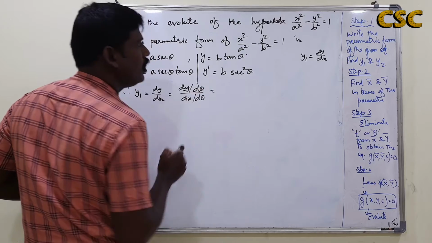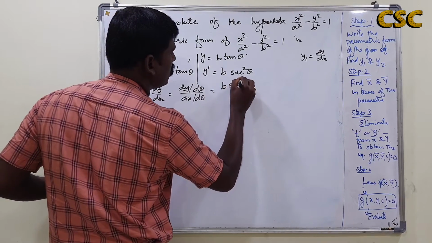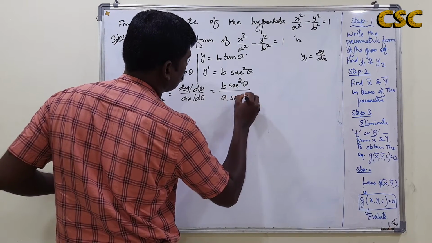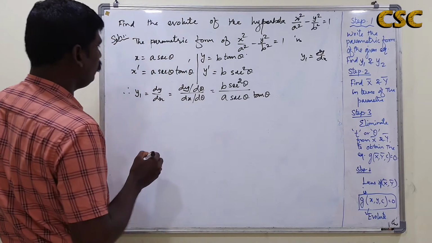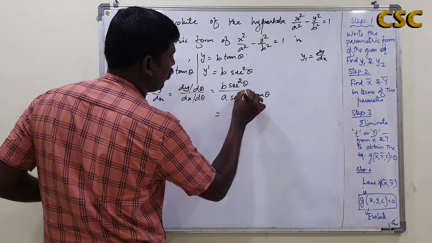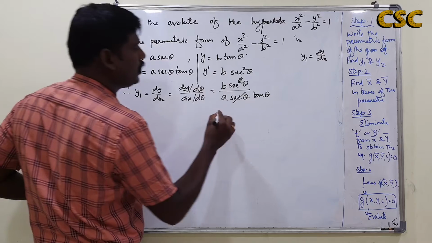What is dy by d theta? It is b secant square theta divided by a secant theta tan theta. We can cancel one secant theta with the secant square theta, so secant theta remains.